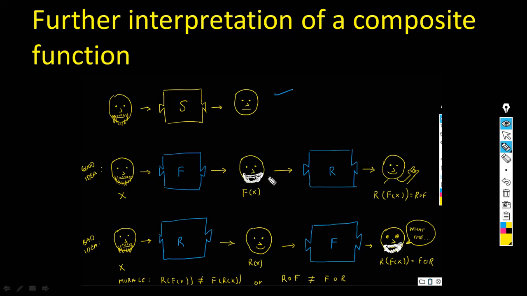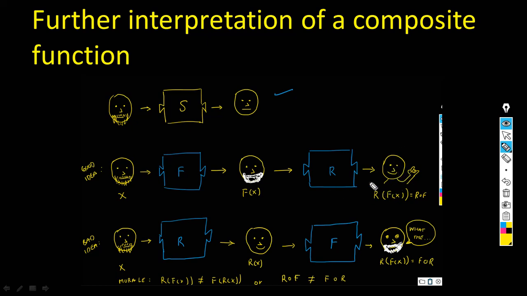Now what can we do with this guy? We can take this and input it in r, another function. What is r? r stands for razor. So now this function takes this guy in, it razors all the beard, all the hairs, and now it outputs a cleanly shaven guy.